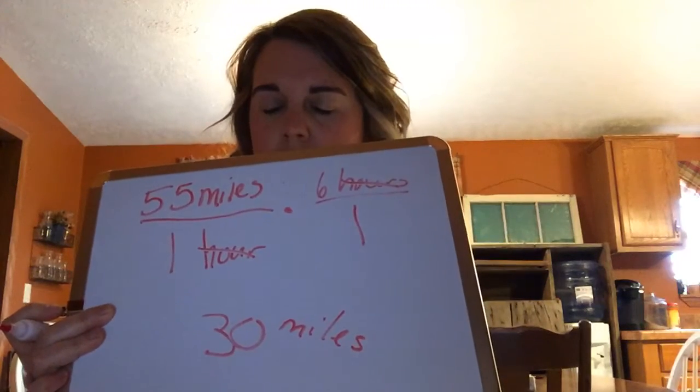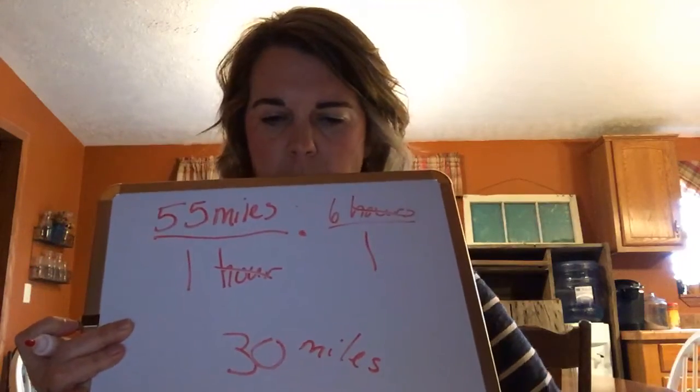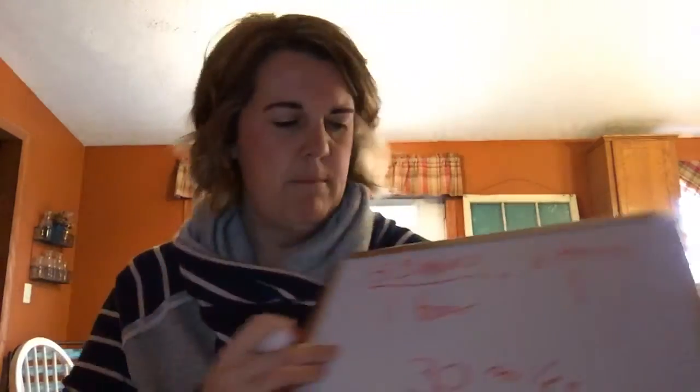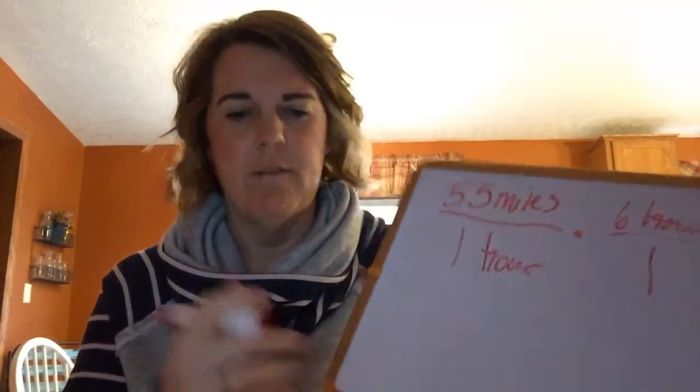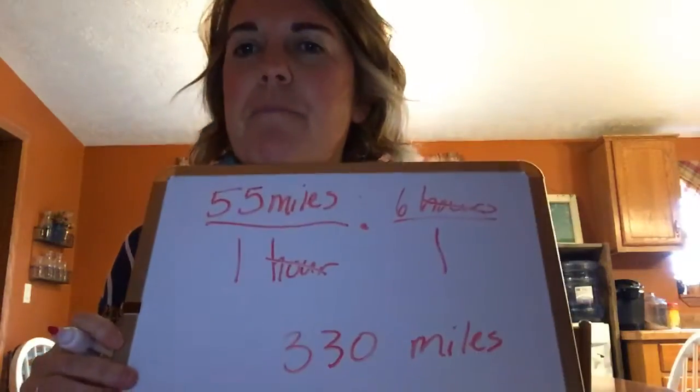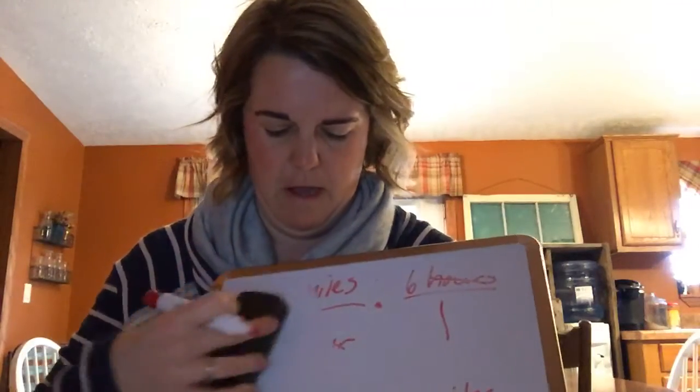So for this answer, you're going to get 30 miles, okay? Oh, wait, that's 55. So it's not 30. I also can't apparently read upside down. So I'd multiply 6 times 55, which is 330 miles. That sounds better. Okay, 330 miles. Hope everyone's with me and I haven't lost you quite yet.